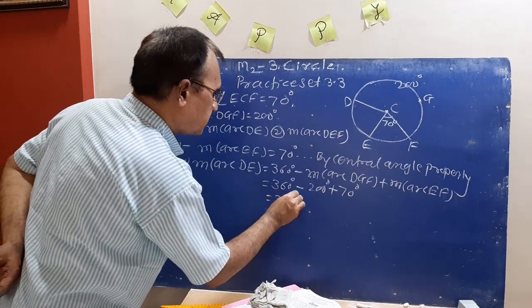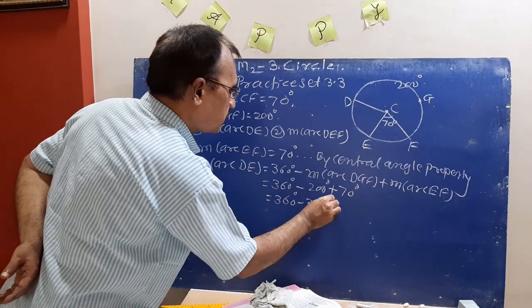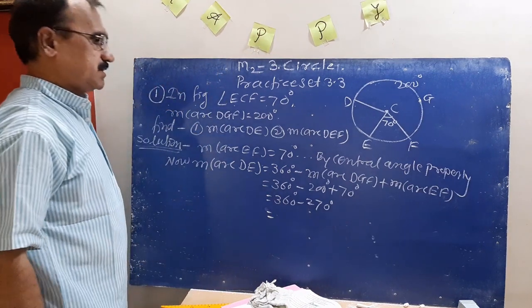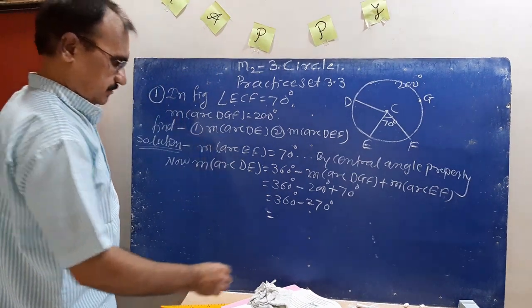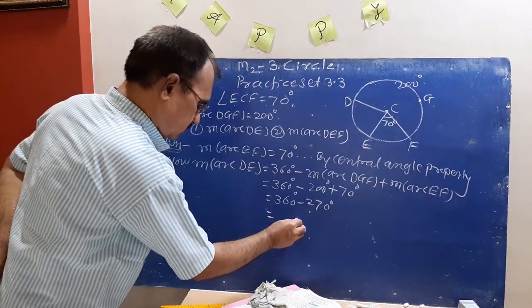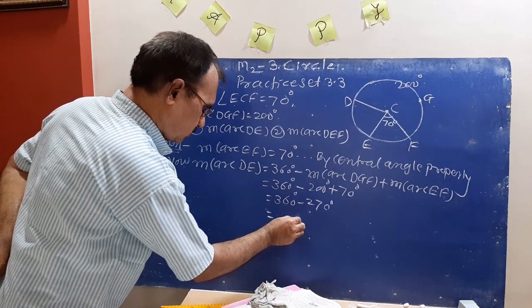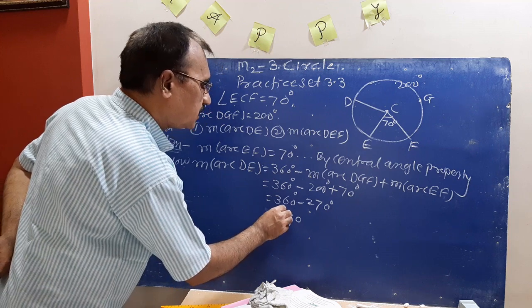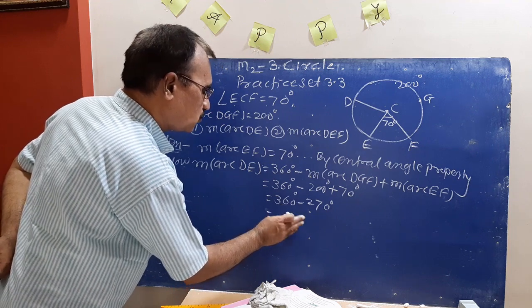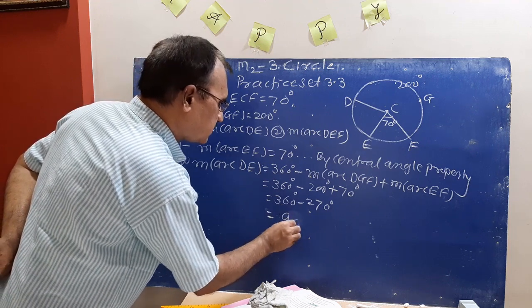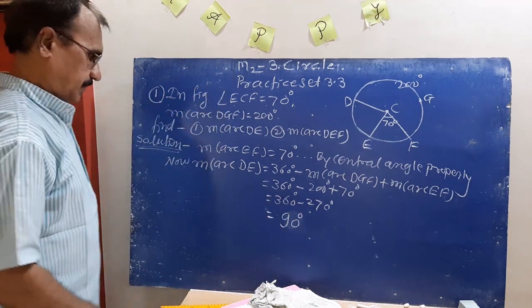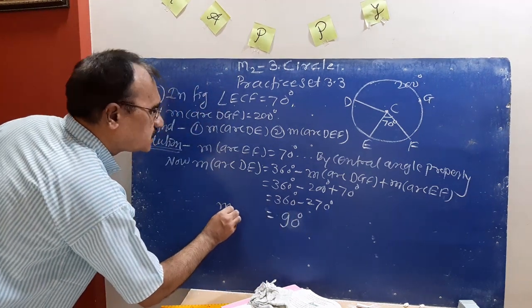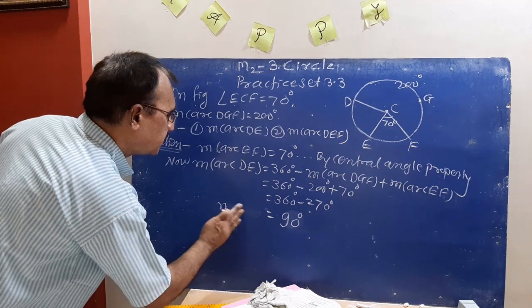That is equal to 360 degrees minus 270 degrees. 360 minus 270: 0 minus 0 is 0, 16 minus 7 is 9, and 3 minus 3 is 0, which means 90 degrees. The required answer is 90 degrees.